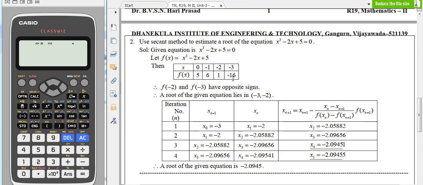Hence the corresponding x values minus 2 and minus 3 form the interval, and as minus 3 is the lesser one, you put it as the left end of the interval. So minus 3 comma minus 2 is the interval in which a root of the given equation lies.